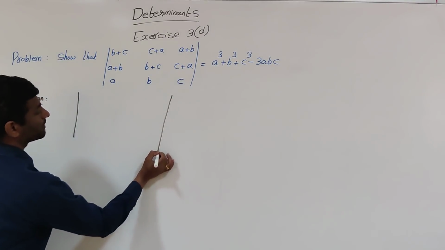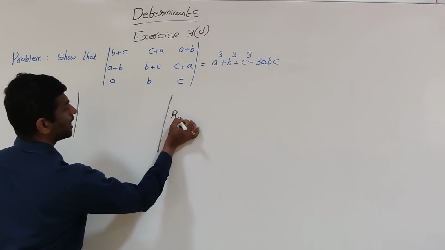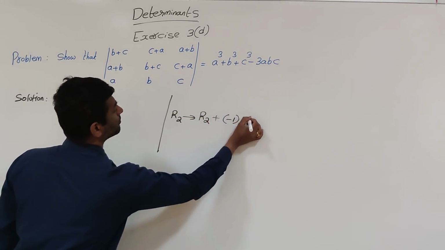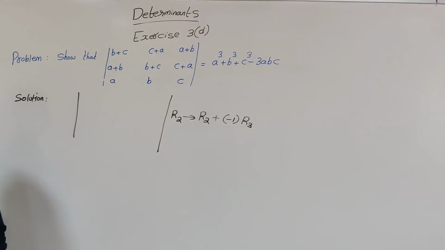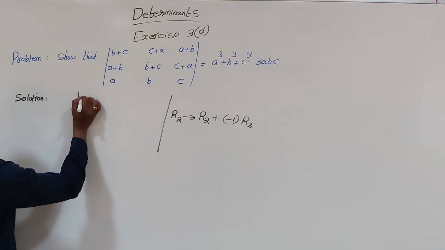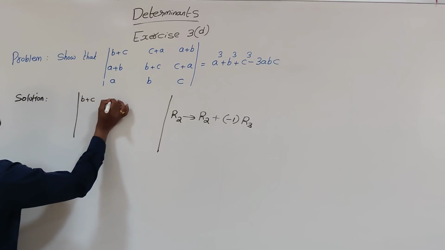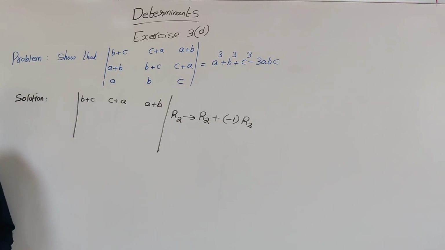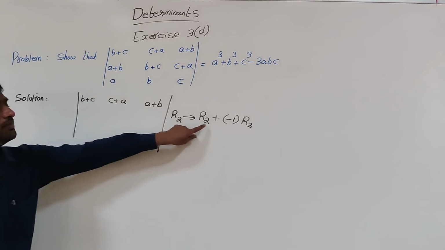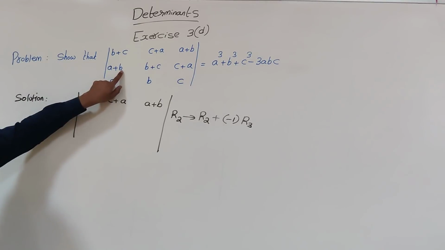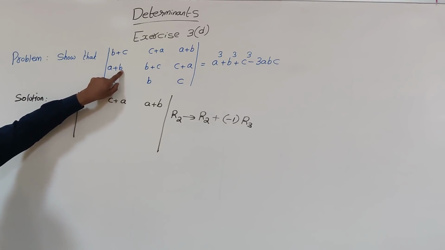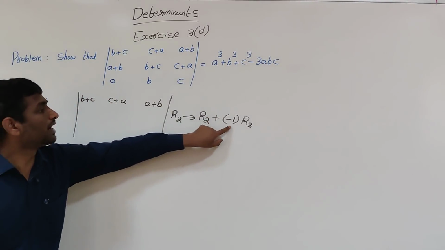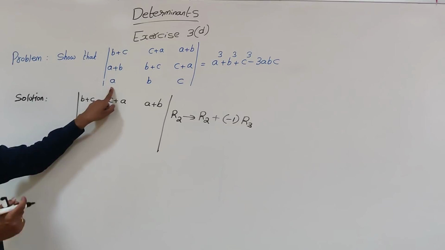So what is the first operation? R2 is replaced with R2 plus minus 1 times of R3. So how the elements will be? The first row will be B plus C, C plus A, A plus B. Next, row 2 elements, A plus B, the element of A plus B is added with minus 1 times of the corresponding element of row 3.